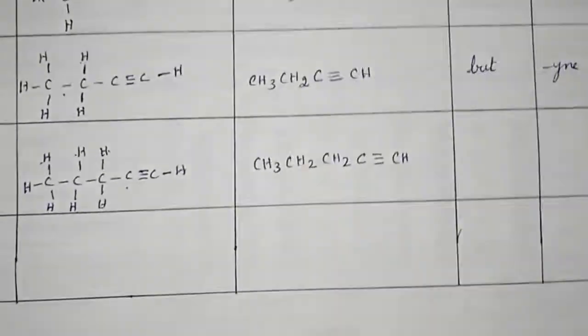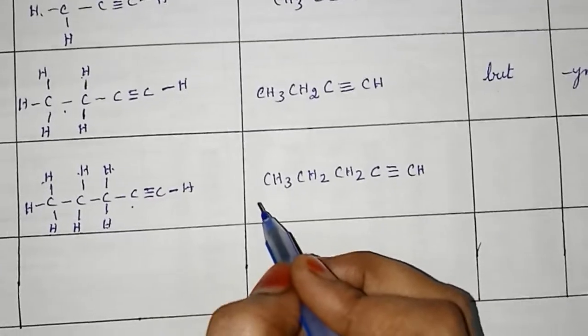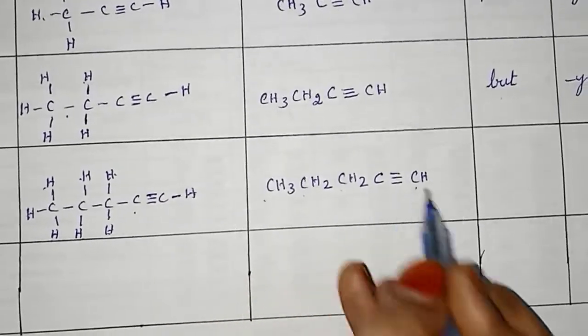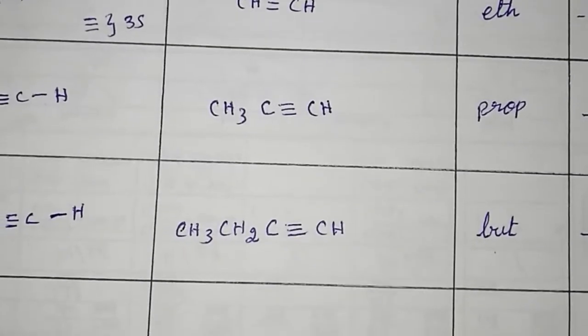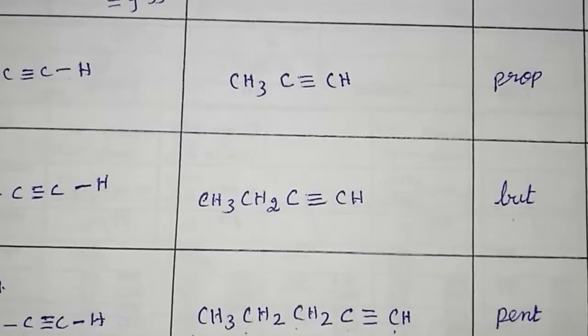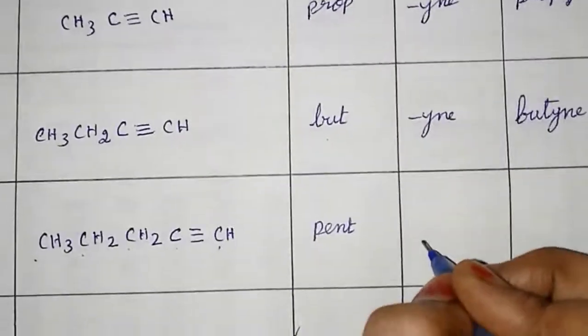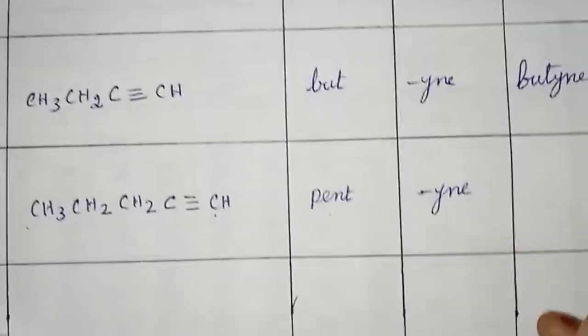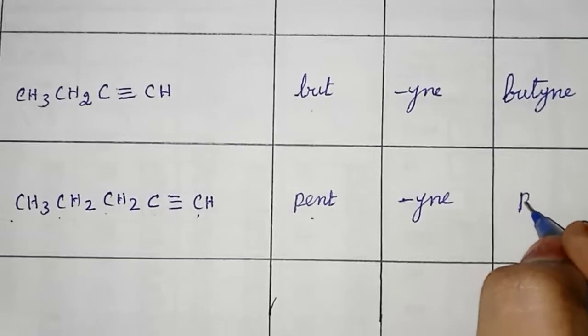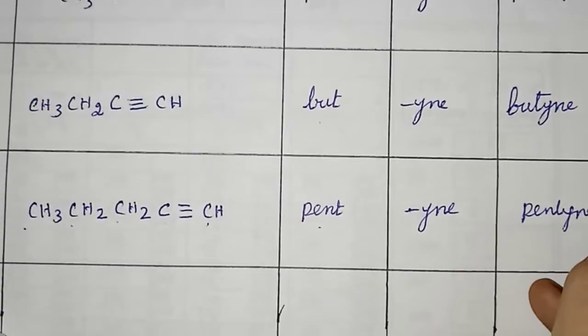So naming. How many carbons are there? 1, 2, 3, 4, 5. So 5. What is the root word for 5? Pent. Okay. So the suffix YNE. So pent plus YNE, what is that? Pentyne. Okay.